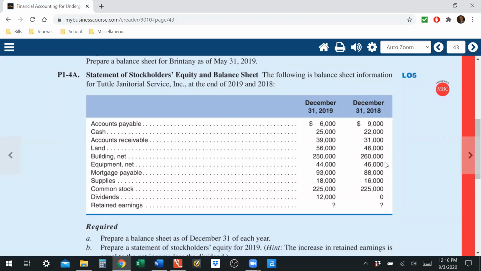So if you think about the year 2019, this is the beginning balance in these accounts, and these are the ending balances in these accounts. And that's another thing in accounting. December 31st, 2018 is the same day as January 1st, 2019, essentially. The end of one year is the beginning of the next.